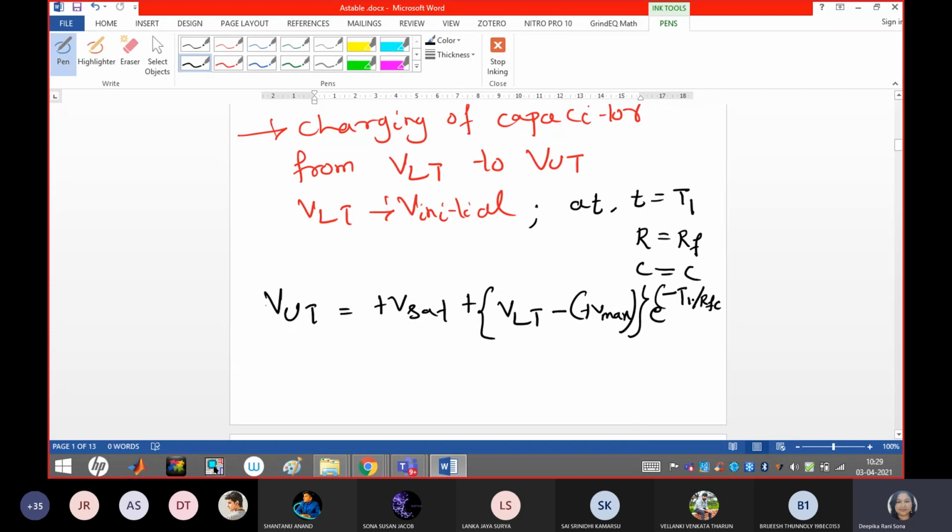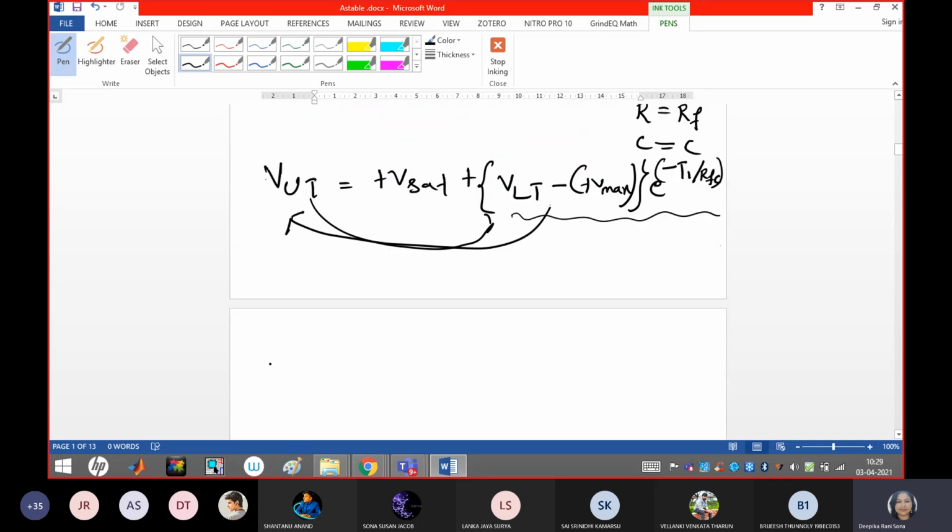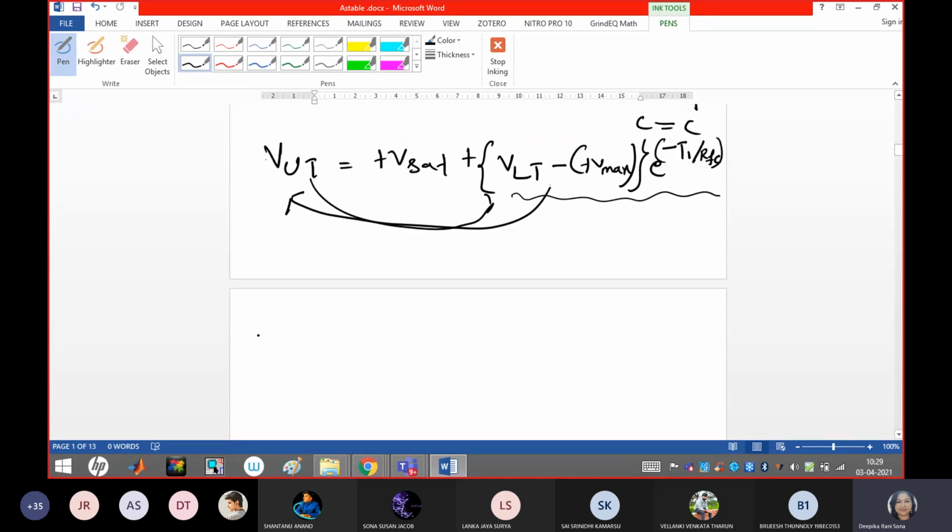Okay guys, then let's take this part to this side and this part to this side. If I interchange this part alone, this VLT, Vmax, e to the power whole T to the left hand side, what should be my representation in the right hand side?